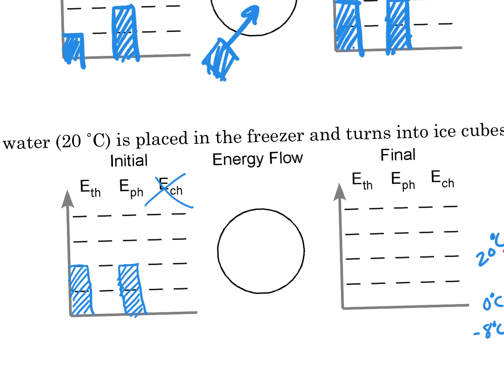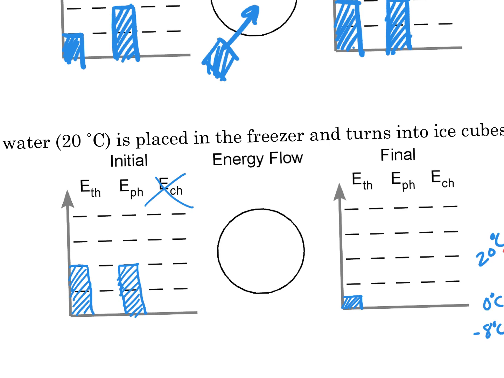All right. And now we're taking energy away from the liquid water. We're freezing the water. Since this is a really cold temperature, I'm going to say we're at minus 8 degrees Celsius. I'm going to go with like a half a bar of energy. I just really want to emphasize it.